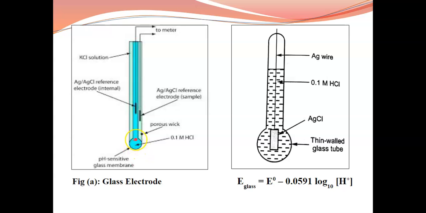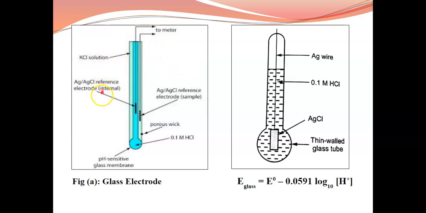It is also having a 0.1 molar HCl solution present inside. The potential is going to vary depending upon the concentration of H plus ions in the external solution. In the glass electrode, it will have two wires which can be connected to the meter. Which meter we can connect to measure the pH, we're going to see ahead in the video.